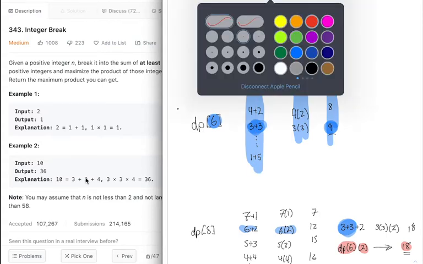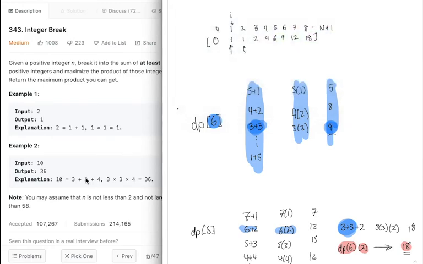Let me just emphasize again, we have i represent this n right here, the target that we're trying to reach, and we have j represent this 1, 2, 3, what we're subtracting against.